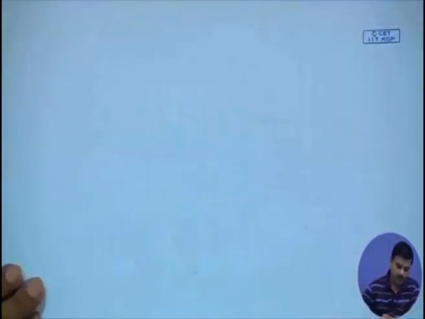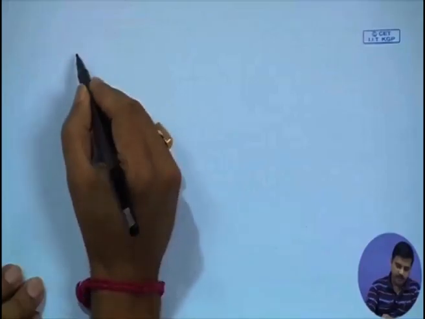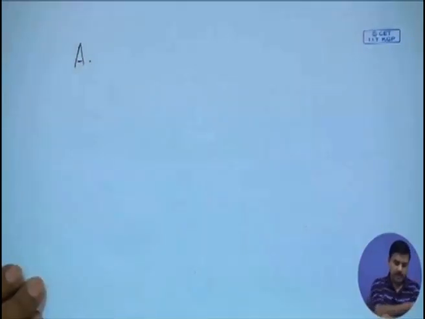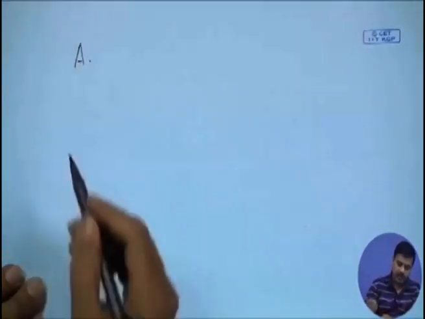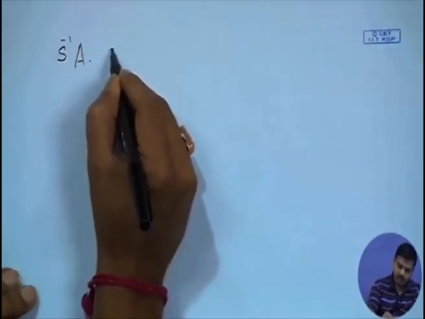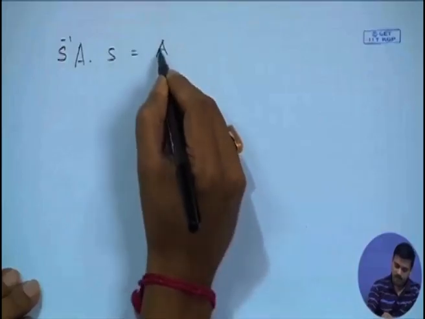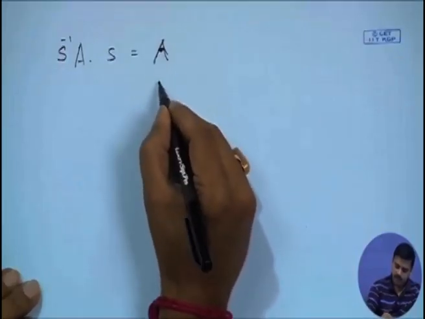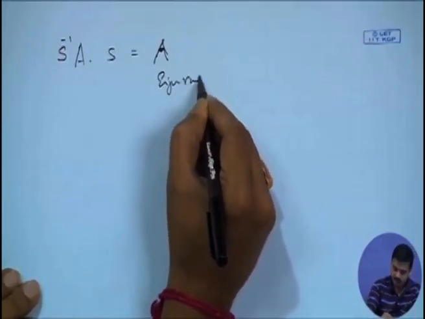So, these are some of the important things. Now suppose we have this matrix A, and we can diagonalize it in the form S inverse A S equals lambda, where lambda is the eigenvalue matrix.